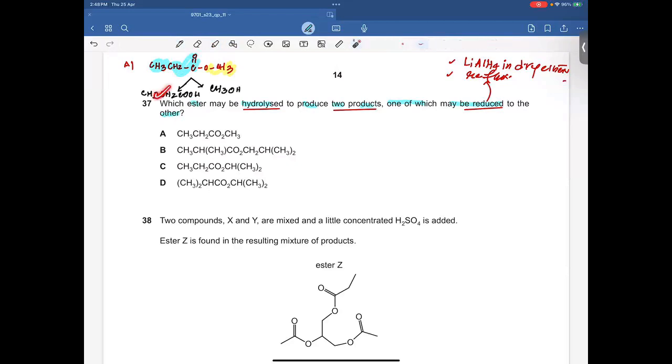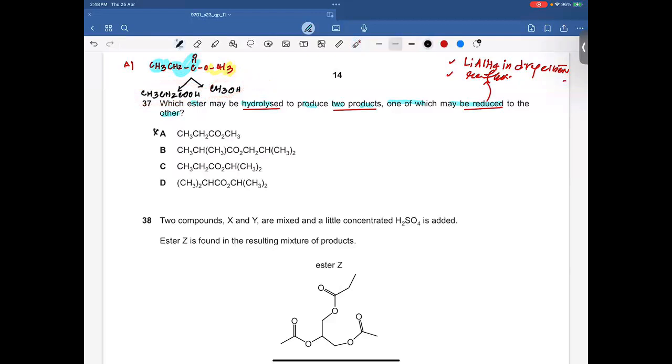So we have 3 carbon atoms here, and 1 carbon atom here. Which means if I reduce this compound, it will turn to propanol, which is not methanol. So I think A is incorrect.